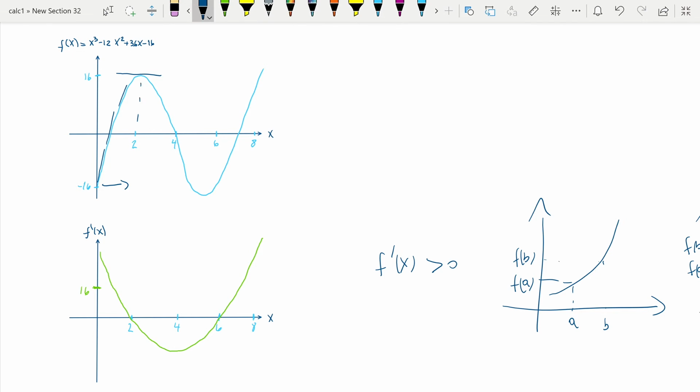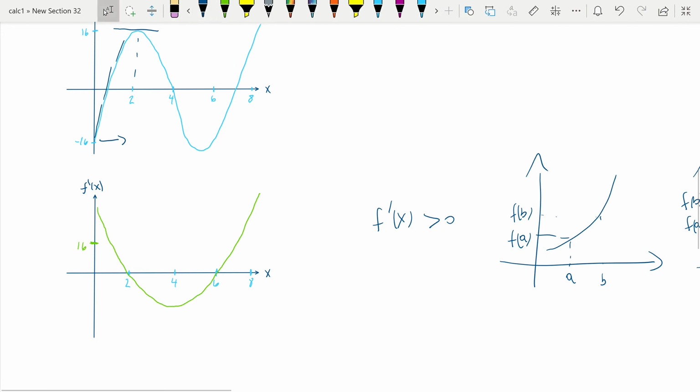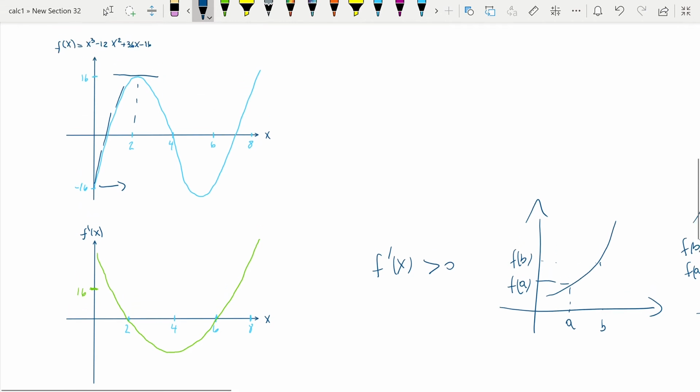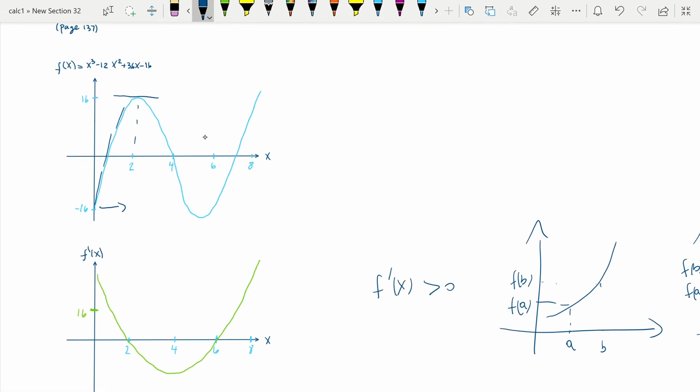And now the sign of f prime changes. So now between 2 and 6 it is negative. So the slopes are now negative until we reach the point 6 where the slope is again 0.